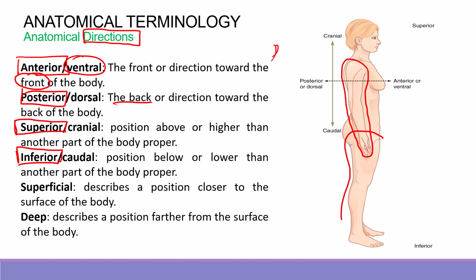We use primarily proximal and distal when we refer to the arms or the upper limbs, and the lower limbs, instead of superior and inferior. So for the rest of the body, parts that are not the extremities, we're going to use superior and inferior.